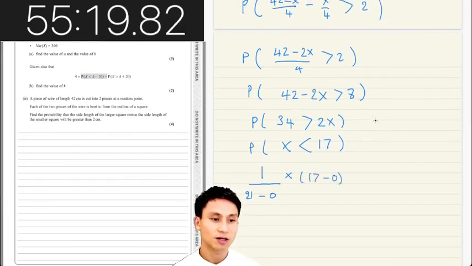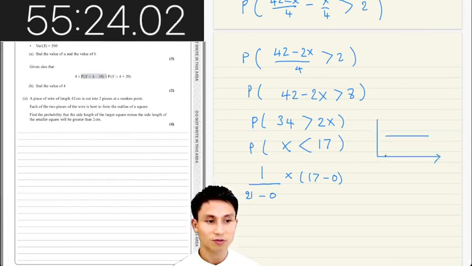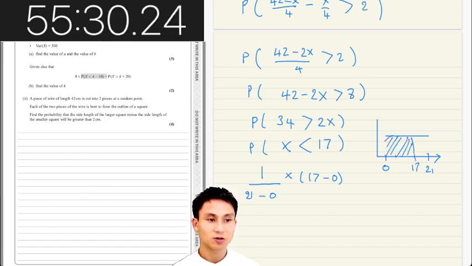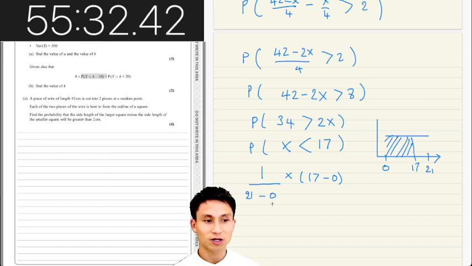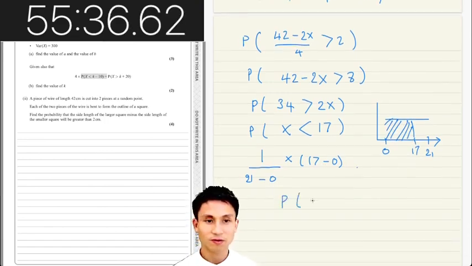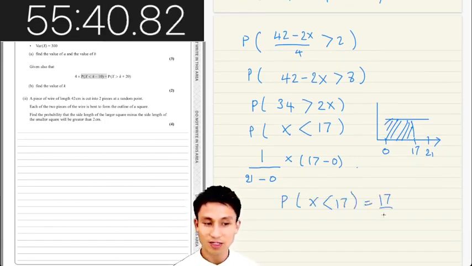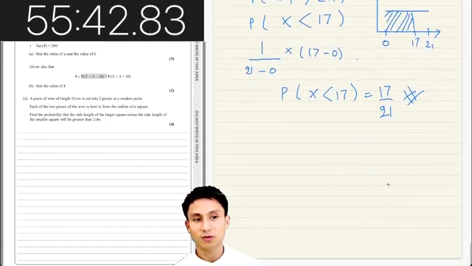Again, guys, you have to be able to visualize. This is a strip from 0 to 21, but we take 17 and less. So it's like 17 to 0 divided by 21 to 0. So P of x less than 17 would be 17 over 21. That would be the answer there.